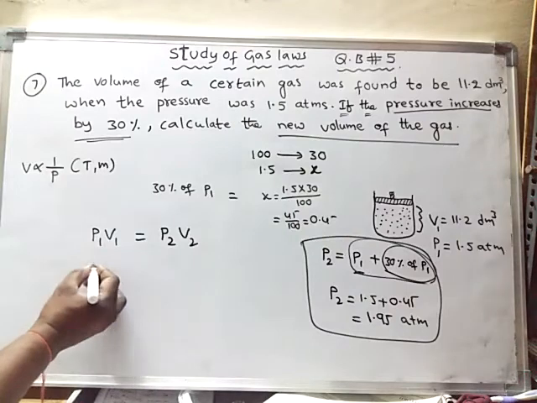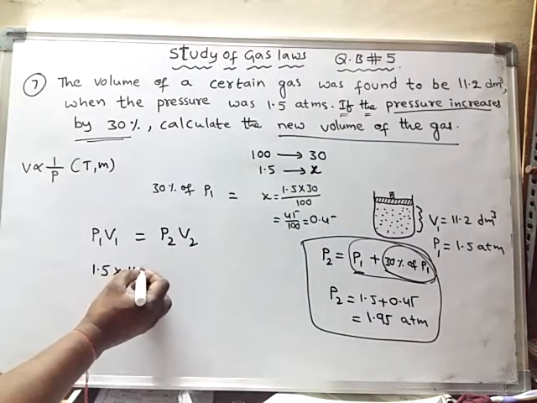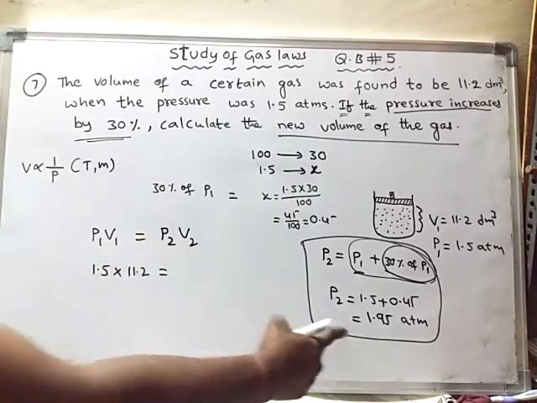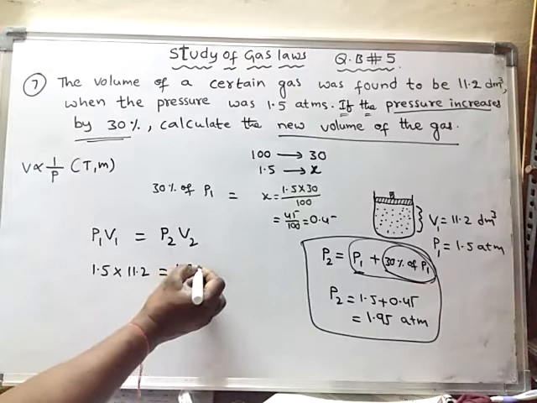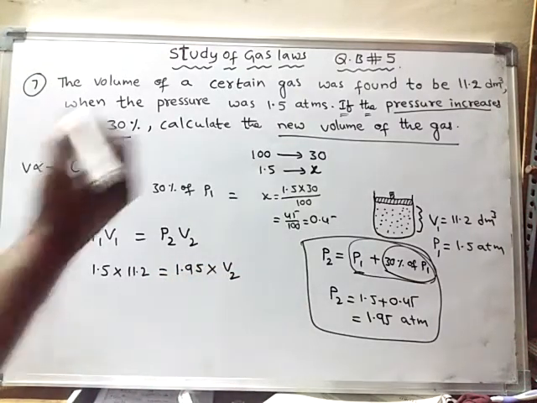P1 is given as 1.5, V1 is given as 11.2. So it should be equal to P2 and V2. P2 is 1.95, and V2 is the new volume, the final volume, which we have to calculate.